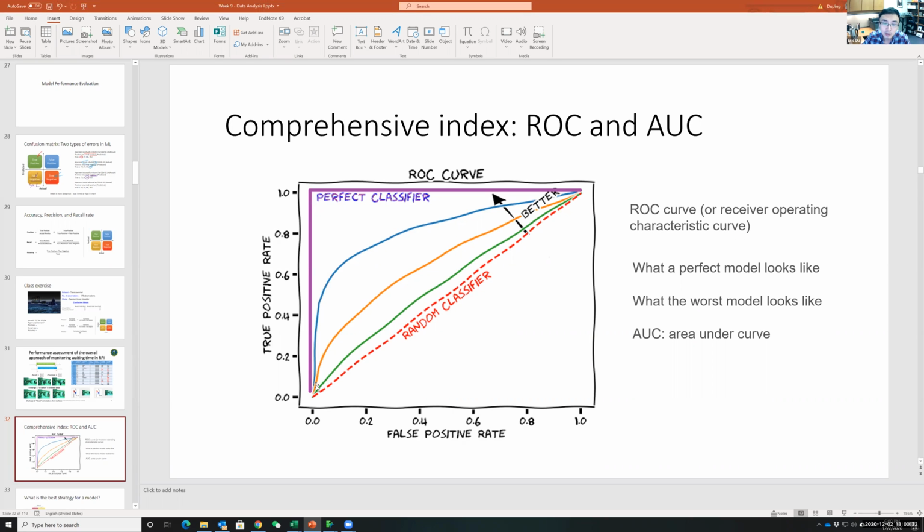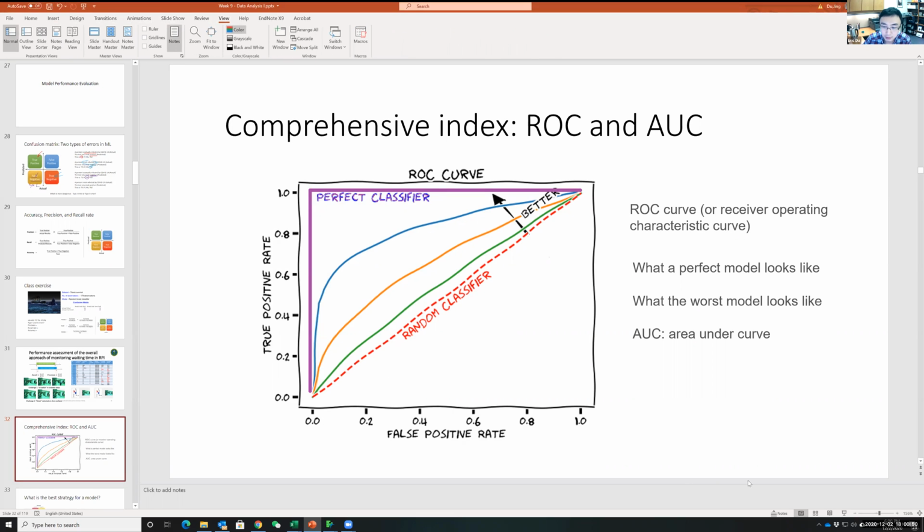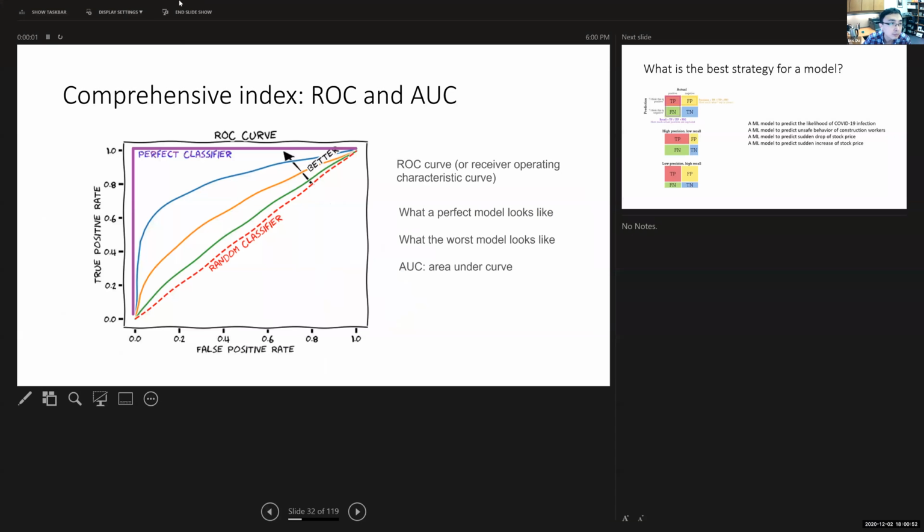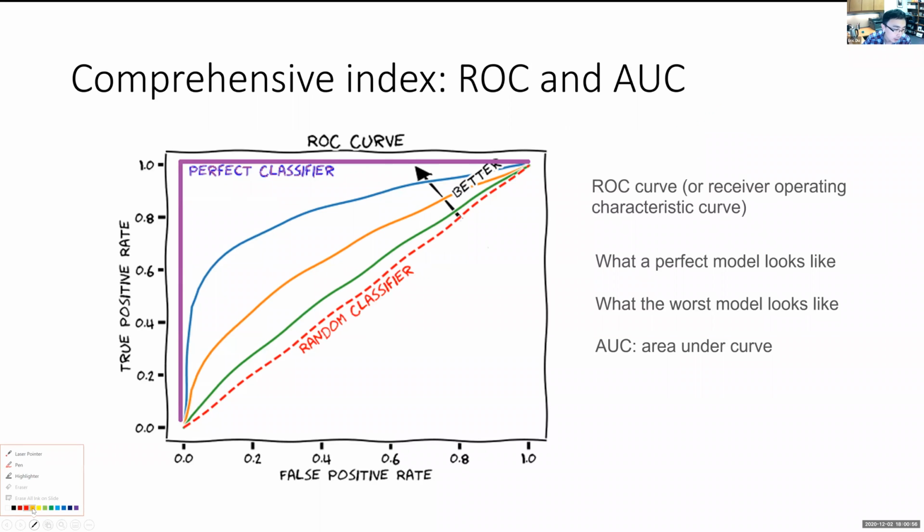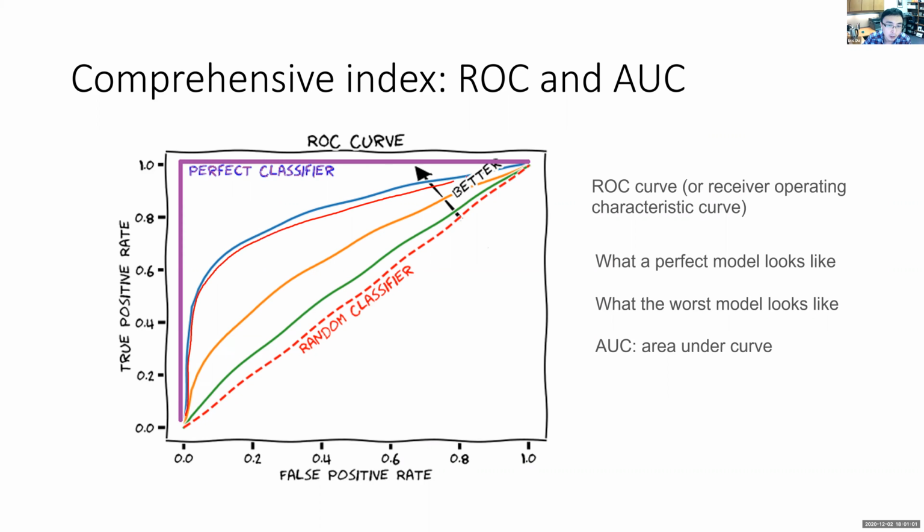Then any model sits in between. You guys understand that? So we hope our model can go closer to this perfect line and away from this random line. So let's say if a line goes here, what does that mean?